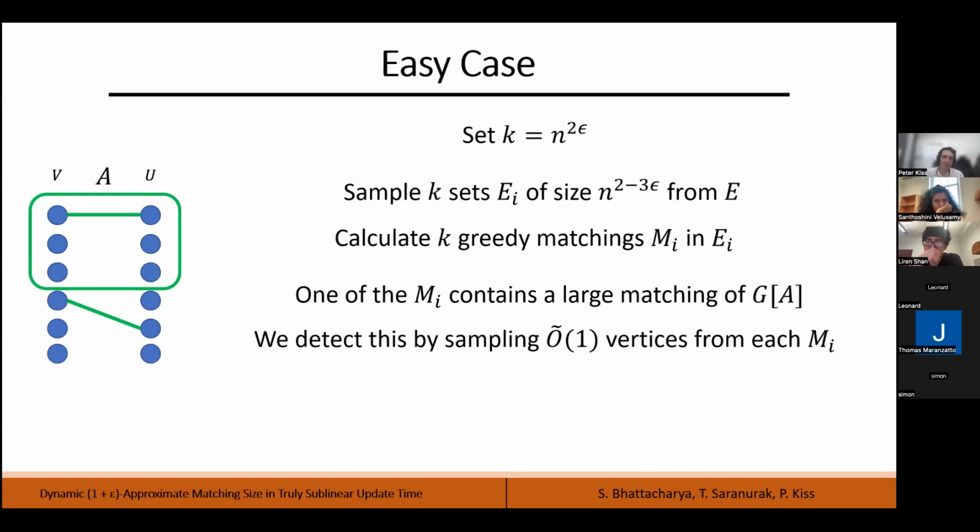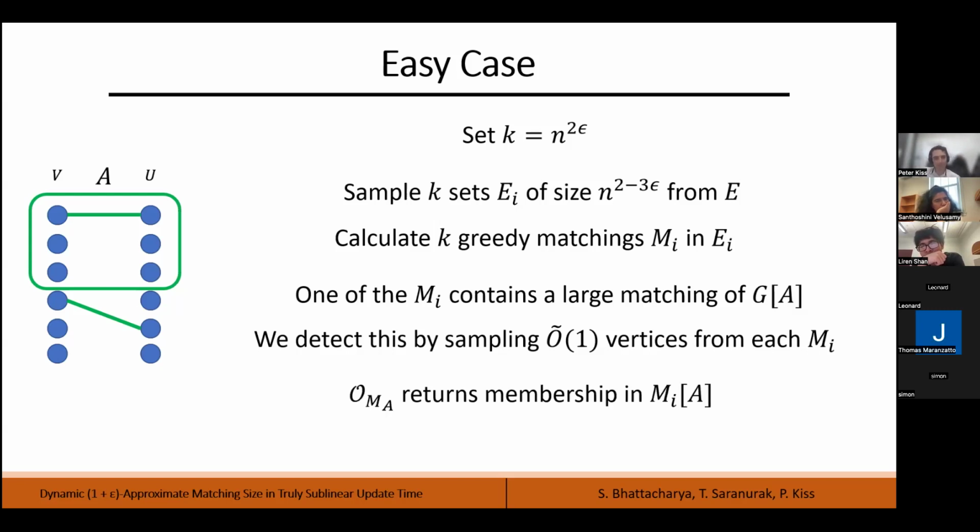And if this is indeed the case, then we have a very simple oracle. Our oracle just needs to check whether a point is an endpoint inside of this good matching we have luckily found, and to check whether it's part of A. So this is the easiest thing which can happen and instantly gives us an oracle.